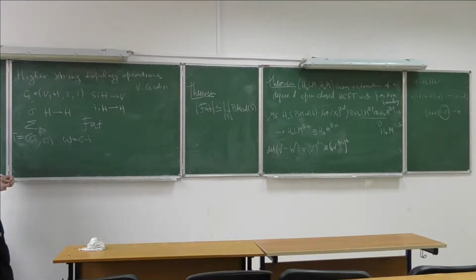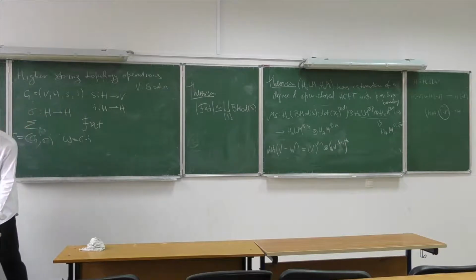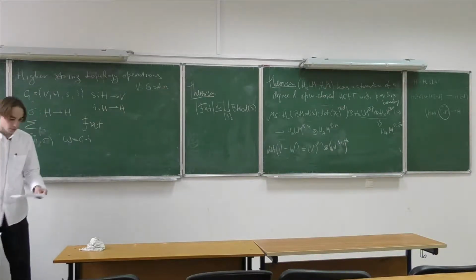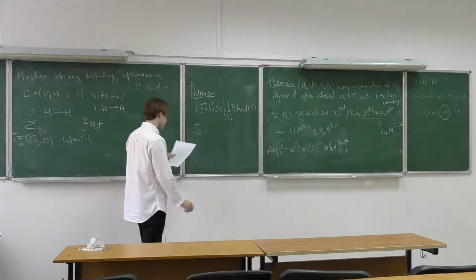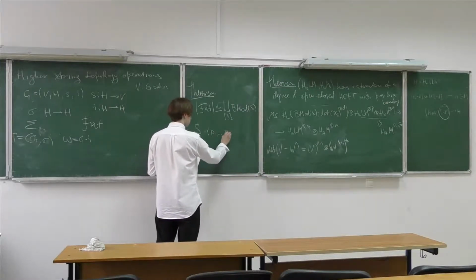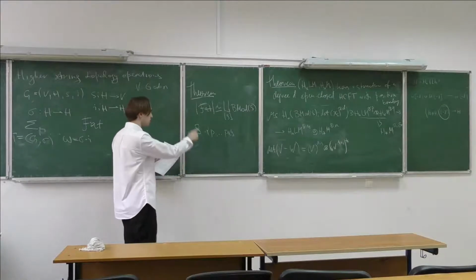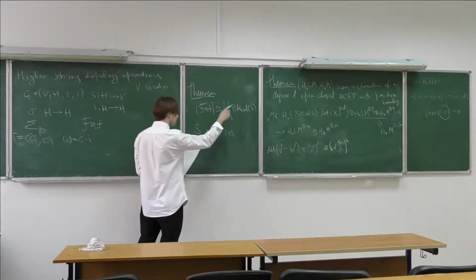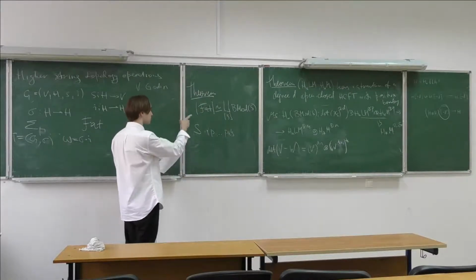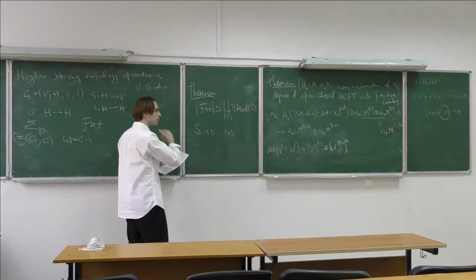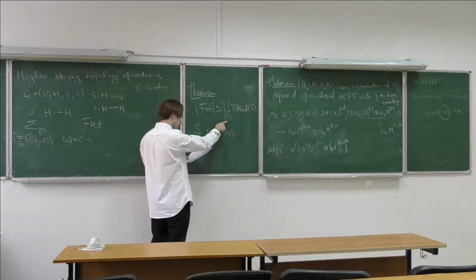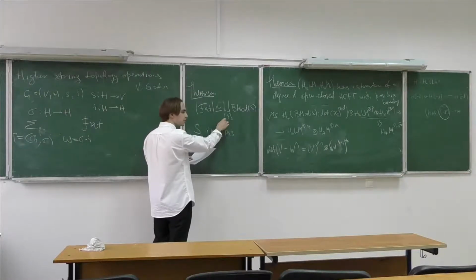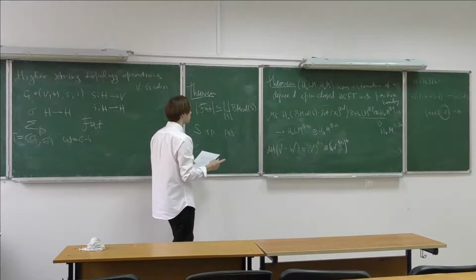And what's the statement? I will say it right now. We take surfaces S with some marked points, and then we take their mapping class group. The statement is that the geometric realization of this category will be the disjoint union of the classifying spaces of mapping class groups, the disjoint union over all types of surfaces which should have positive characteristic.